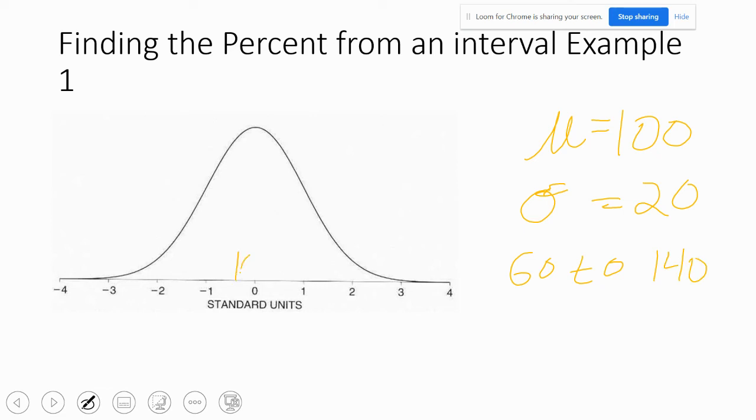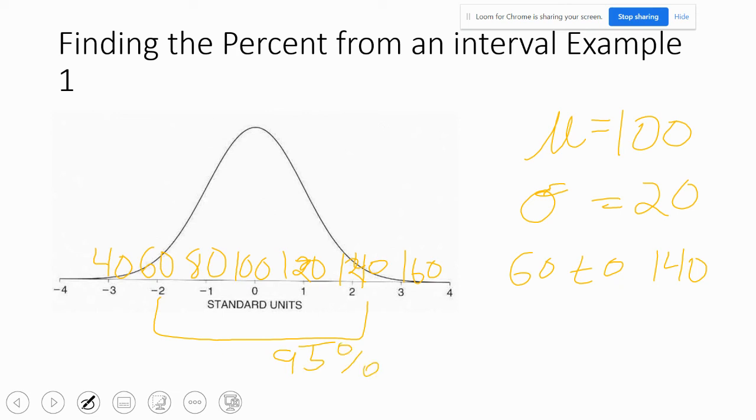So you put 100 in the middle, move 20 up, so that's 120, then 140, then 160, then you move 20 down, 80, 60, 40. You want between 60 and 140, that's -2 to 2, that's 95%.